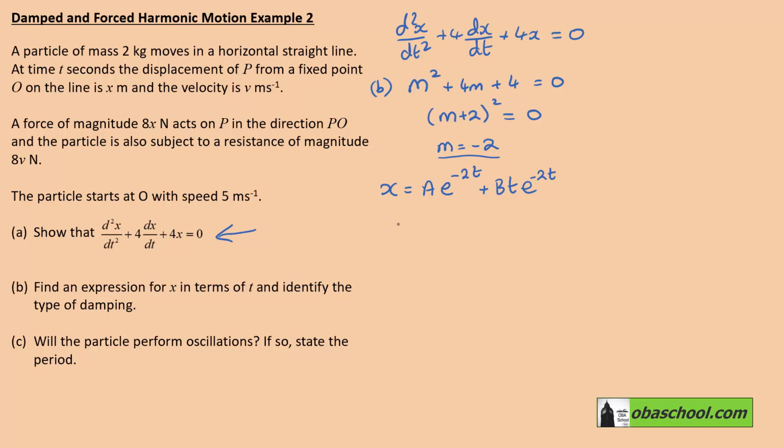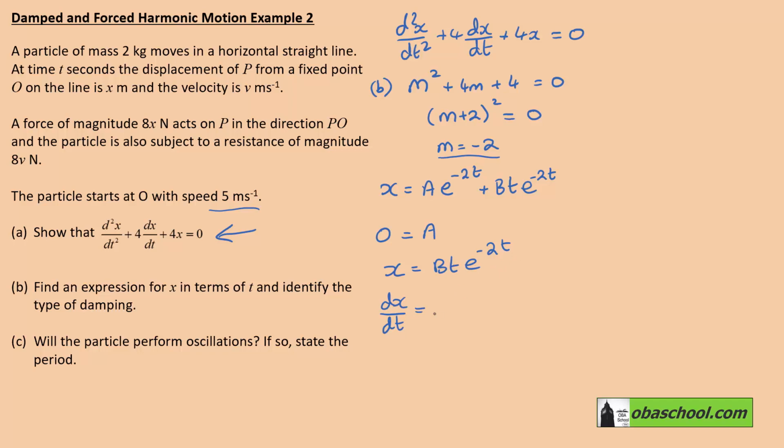Now we can use the boundary conditions. So x is equal to 0 when t equals 0 gives us 0 is equal to a. So we now have that x is equal to b t e to the negative 2t. Now we know that dx dt is 5, so for dx dt, we need to remember this is a product.